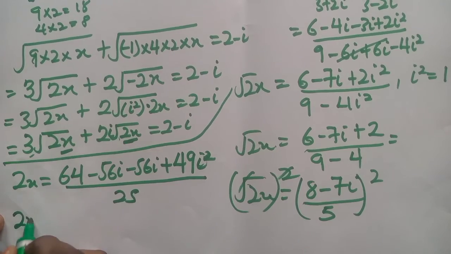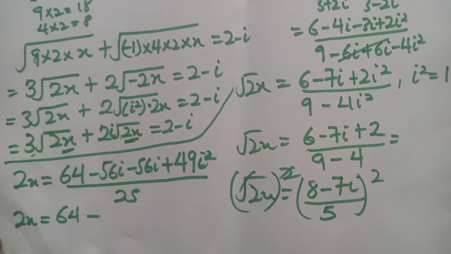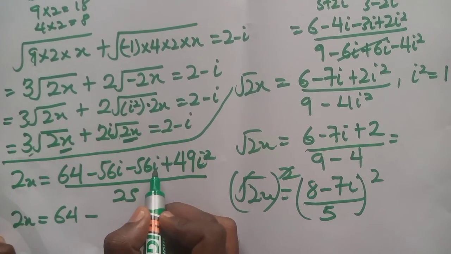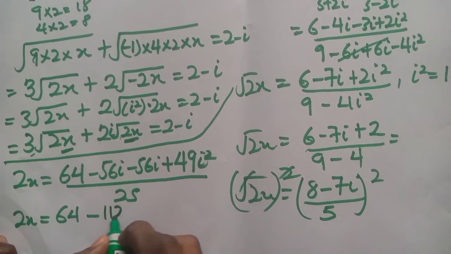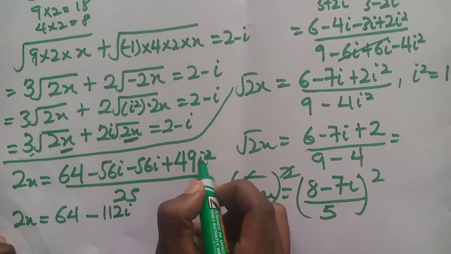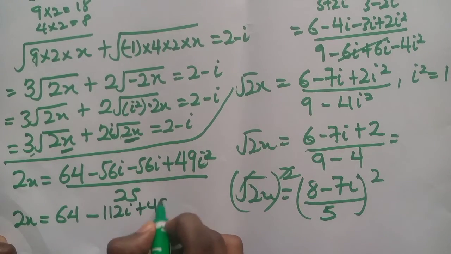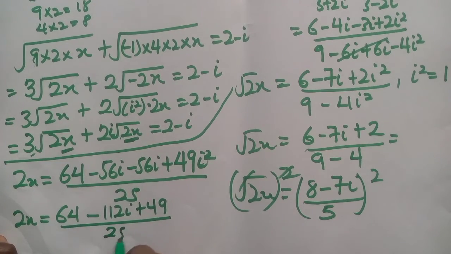So we have 2x being equal to 64. From here we have minus 56i minus 56i, which gives us 112i, and remember i squared we said is equal to 1, so we have 49 here, and then we have 25.